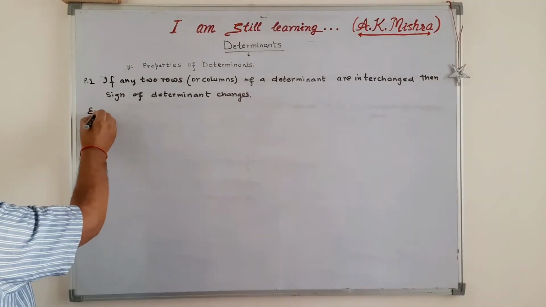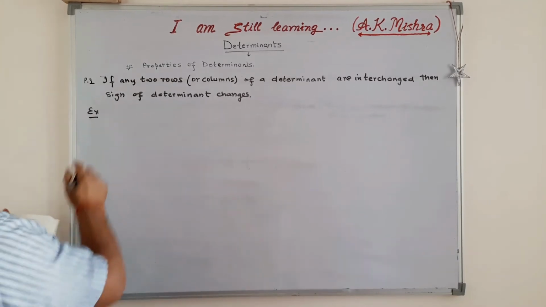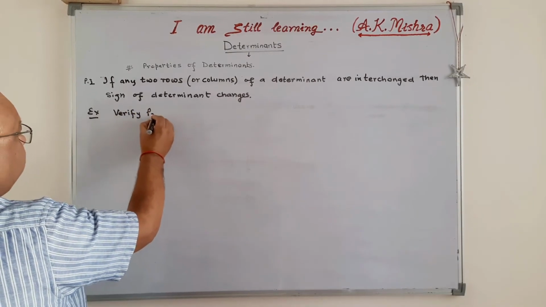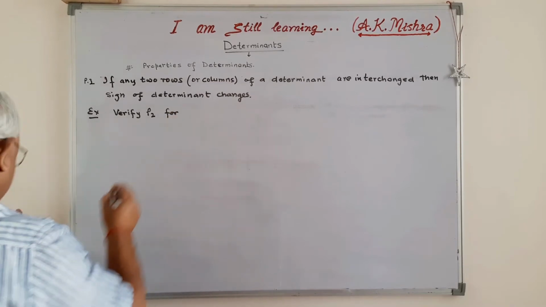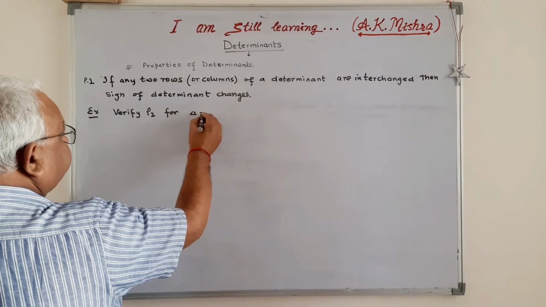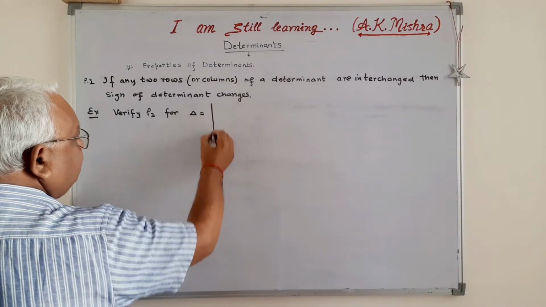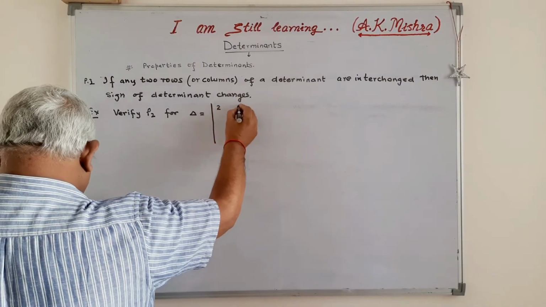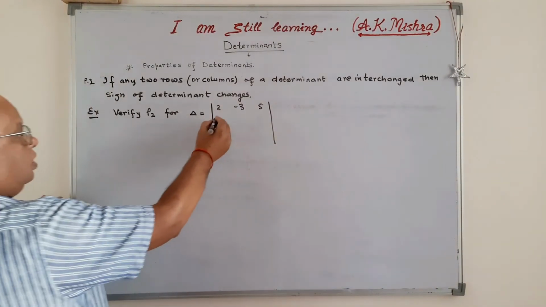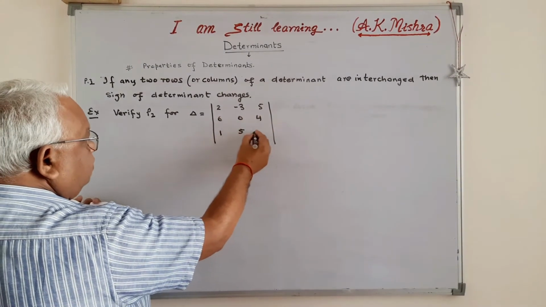So here you can understand this by taking an example. Verify P2 for the same example, just to save time. 2 minus 3 5, 6 0 4, 1 5 minus 7.